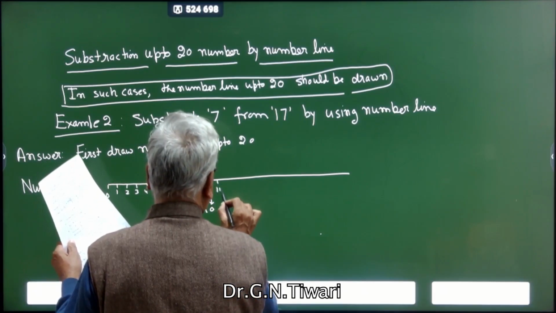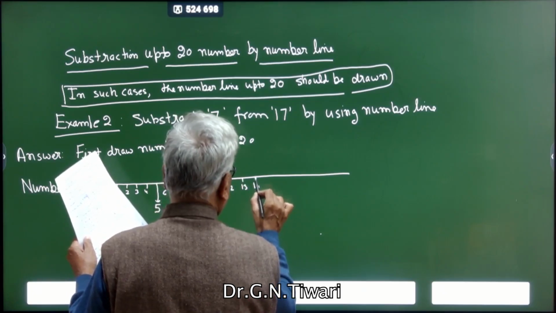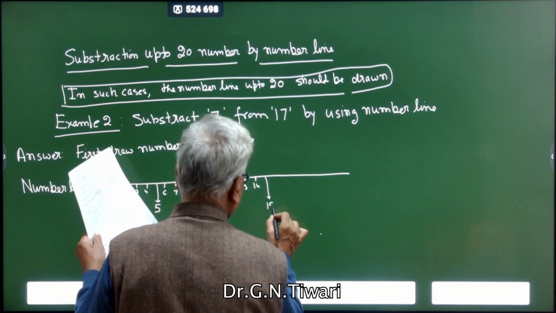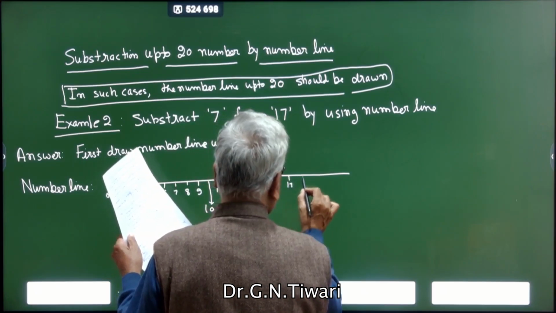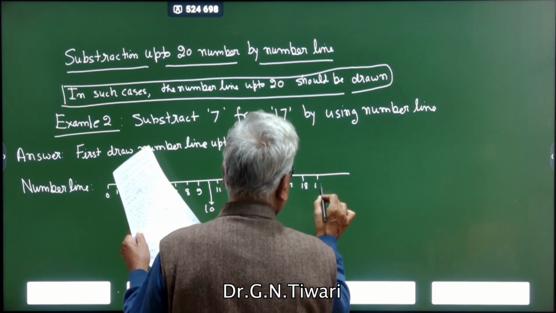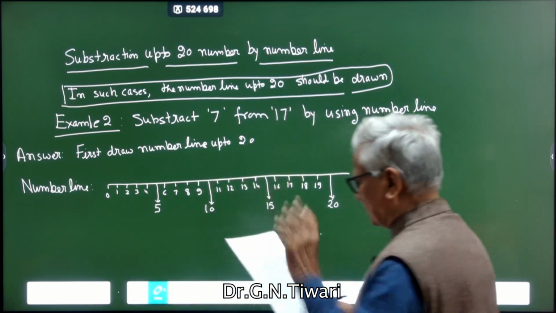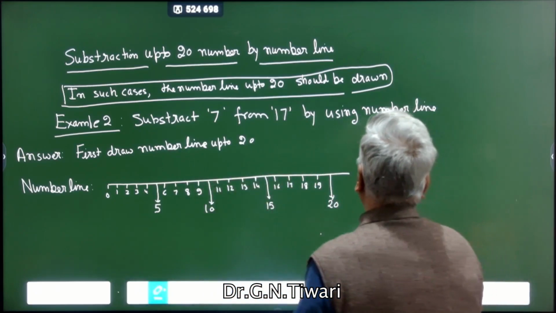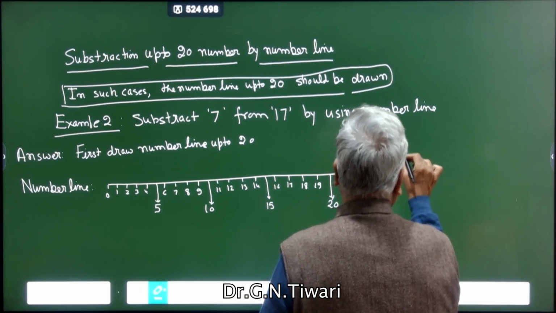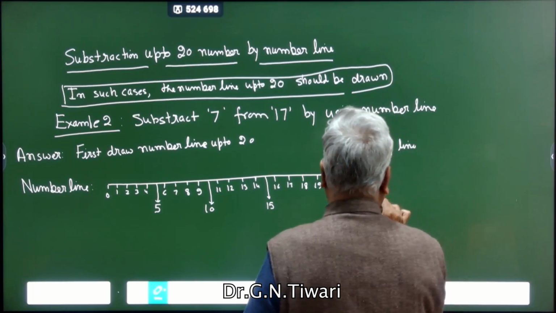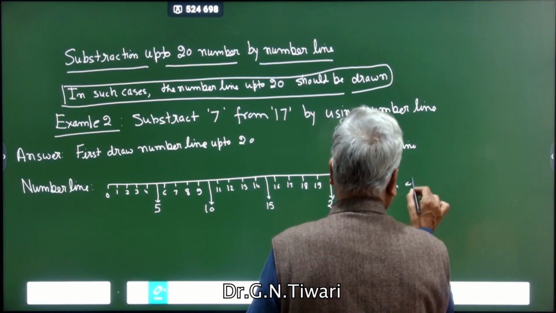Then 11, 12, 13, 14 and 15, again 16, 17, 18, 19 and 20. If there is an extra number, forget about that. Again, ask the student to write here top of line and here bottom of line.